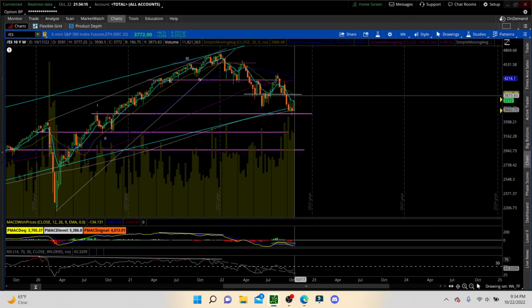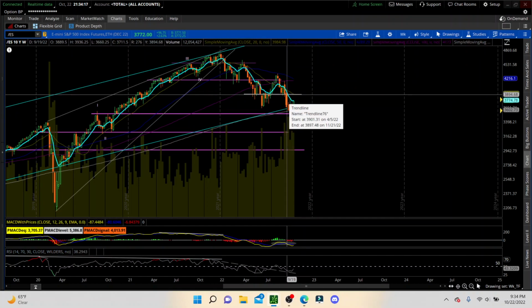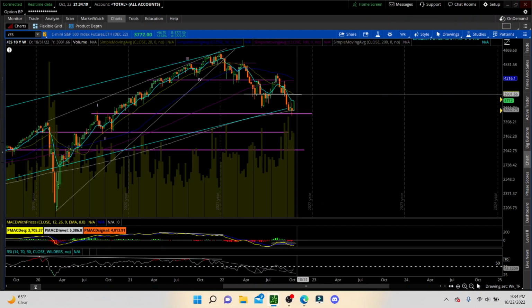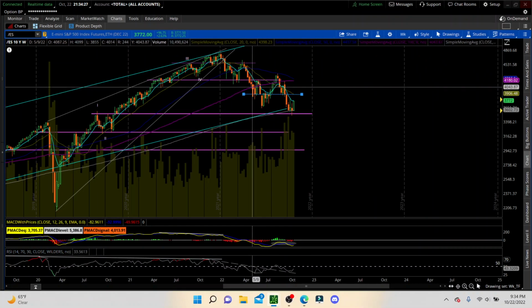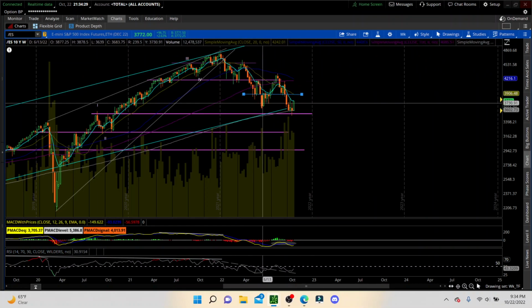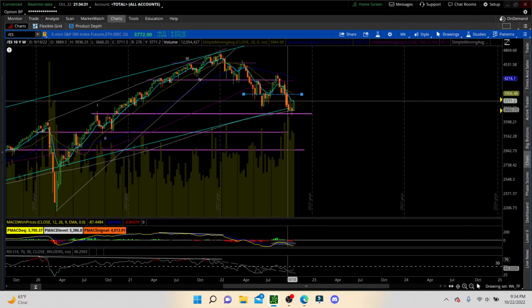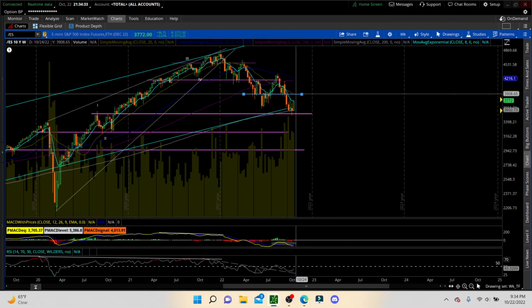So you have those two areas there. Really this 3900 area, I love this spot. We've had this support resistance here for a while, ever since back here when we started messing around with it and coming up and down. This is the 3900. It's a really good area for me.